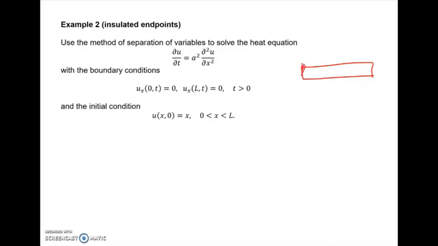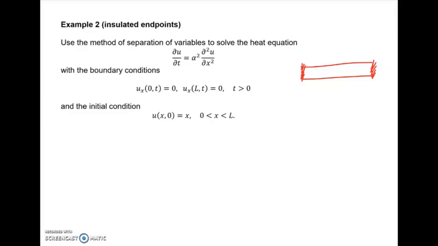This material is a non-conductive type, or simply you can say a material that is resistant to heat. Therefore, no heat flow should be coming in or going out from your rod. So that is what it means by insulated endpoints.